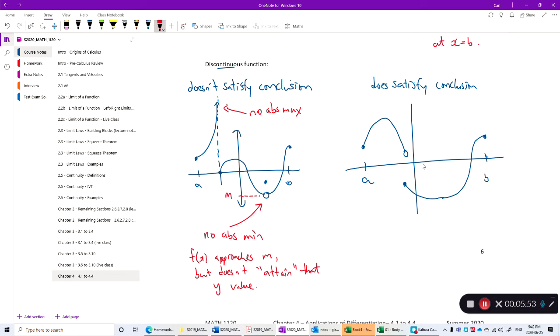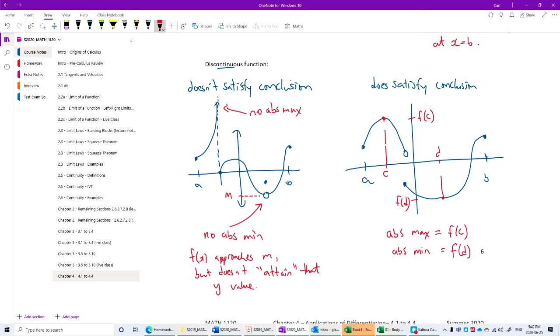It's discontinuous, right? Defined everywhere, but it does attain a maximum here at the point c, and it does attain a minimum down around there at the point d. So the absolute max is f(c), and the absolute min here is f(d).